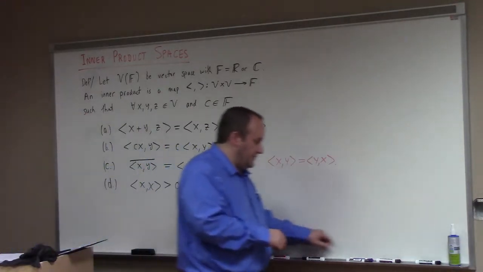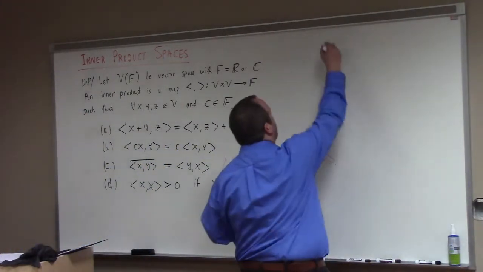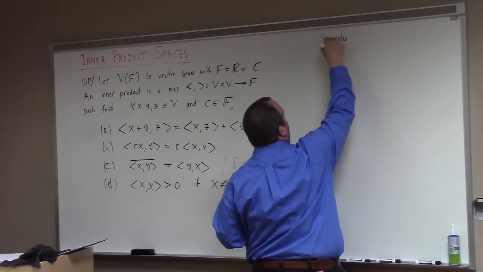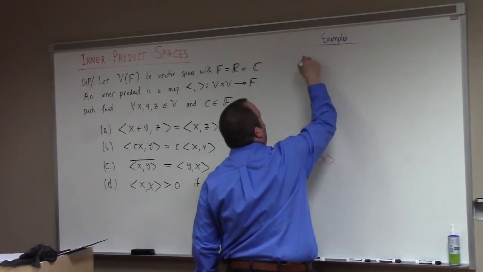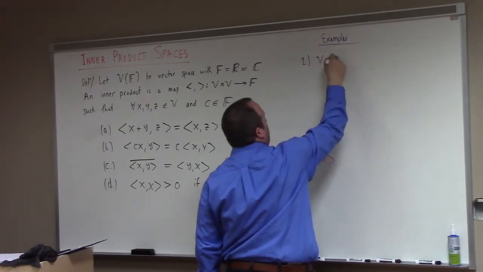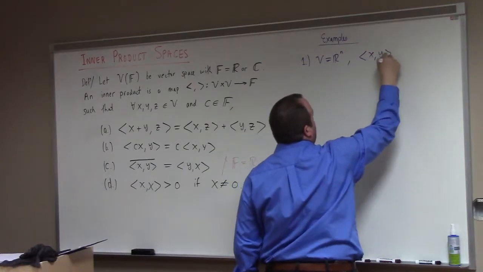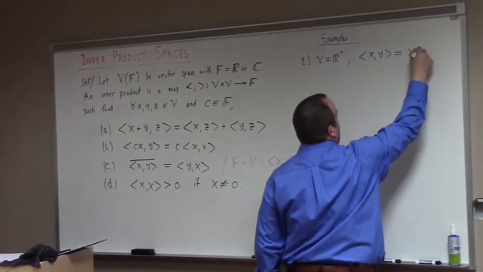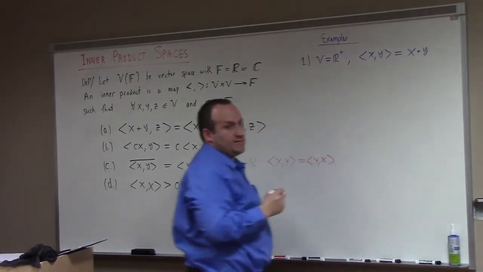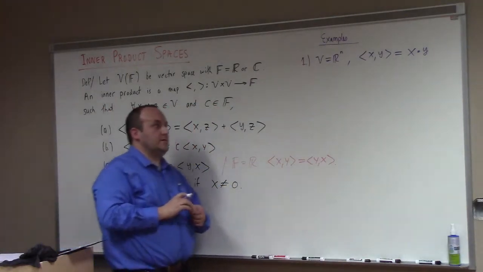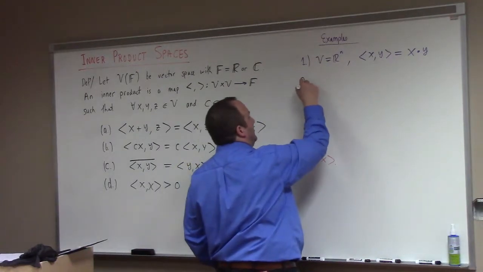So without further ado, let me give you some examples. Number 1, V equals Rn, with the inner product of x and y just being equal to x dot y, where x dot y is the usual dot product. This is an inner product. You can do weird stuff.